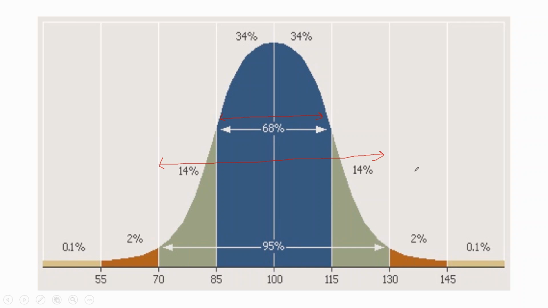So when we are applying one standard deviation, we are talking about 68% of the data, and when we are applying 2 standard deviations, we are talking about 95% of the data, right? And when we are applying 3 standard deviations, then we move to more than 99% of the data.